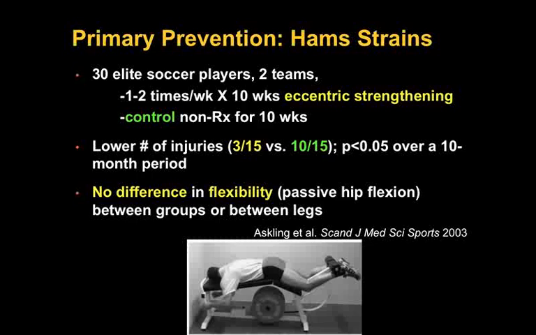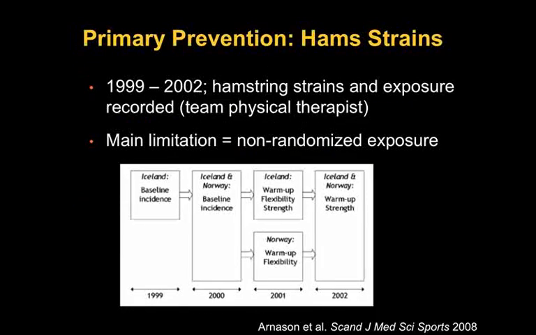The lower number of injuries was in the eccentric training group, 3 out of 15, versus the control group, 10 out of 15, over a 10-month period. And it was noted there was no difference in flexibility of passive hip flexion between the groups or between legs.